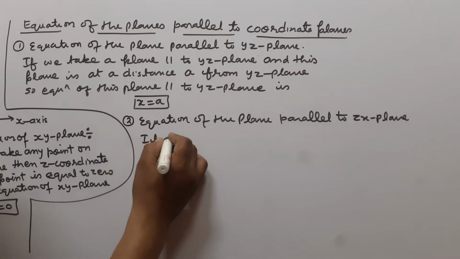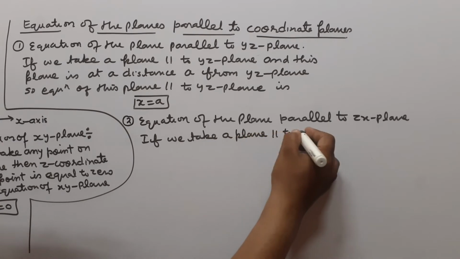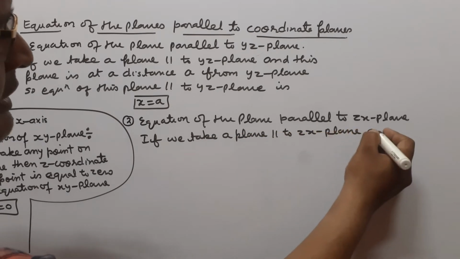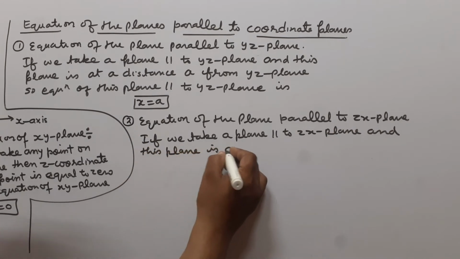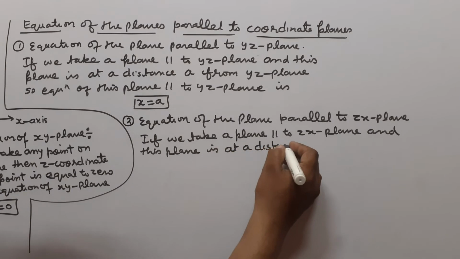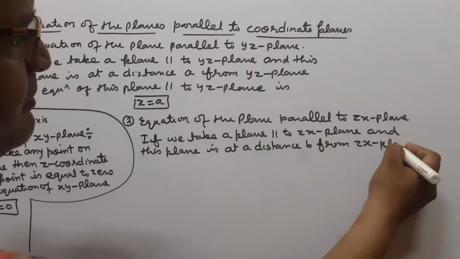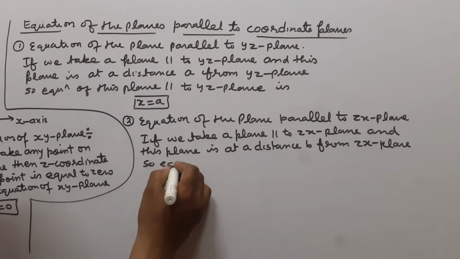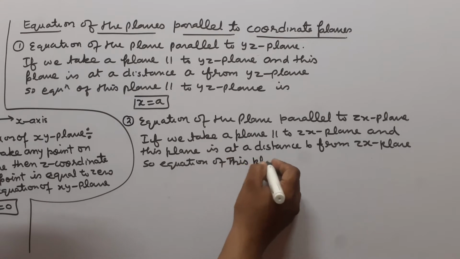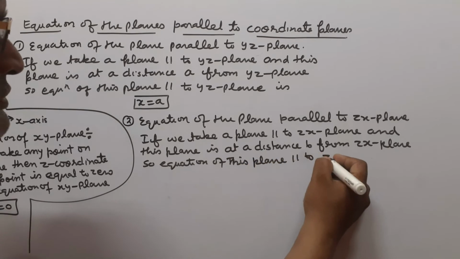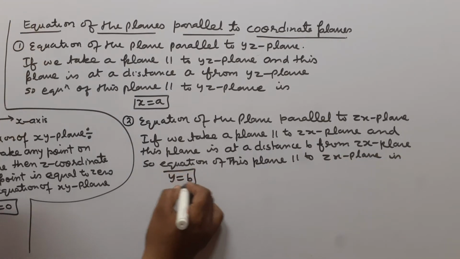If we take a plane parallel to the zx plane and this plane is at a distance b from the zx plane, so the equation of this plane parallel to the zx plane is y is equal to b.